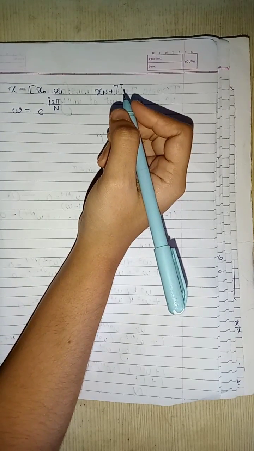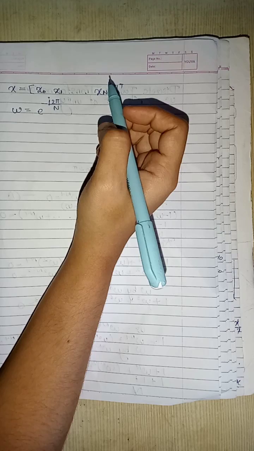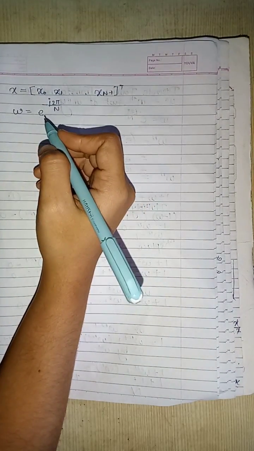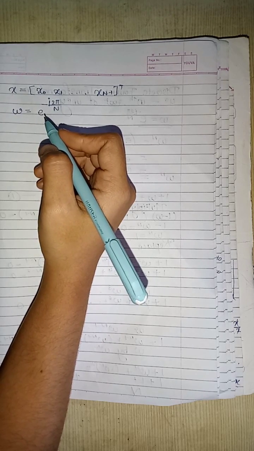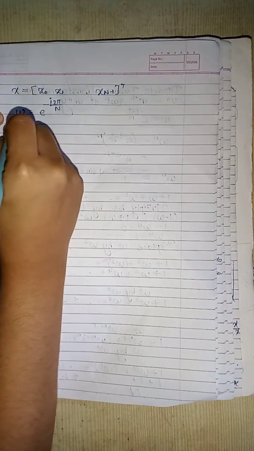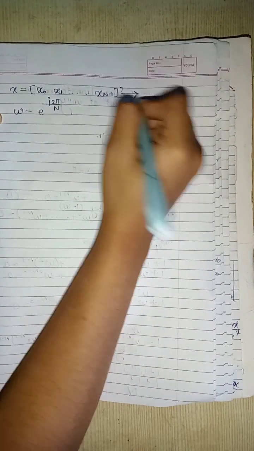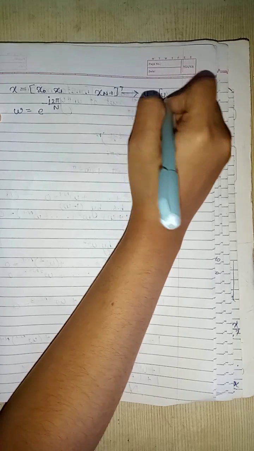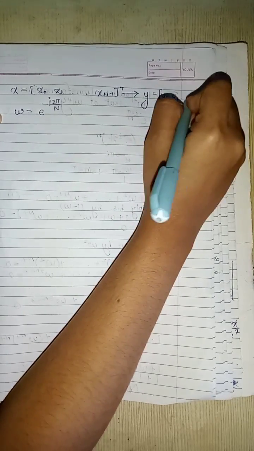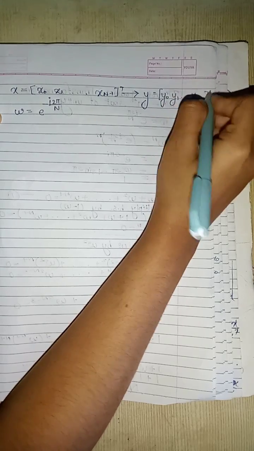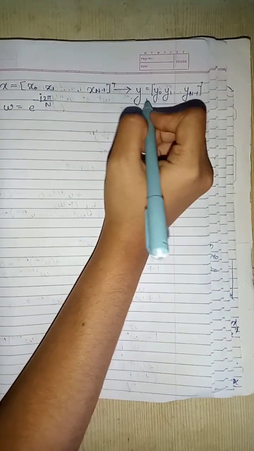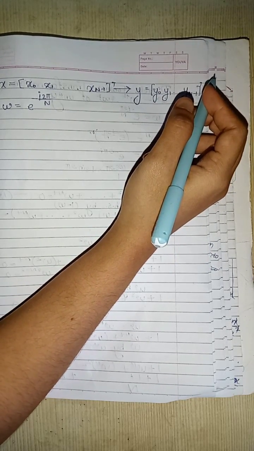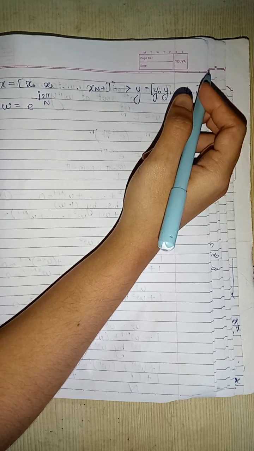Now if we apply a Fourier transformation on this vector x, it will be converted into another vector. Suppose this vector x is transformed into another vector y, which is represented as y0, y1 up to so on, yn minus 1.